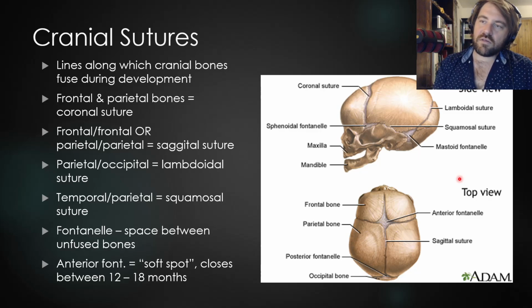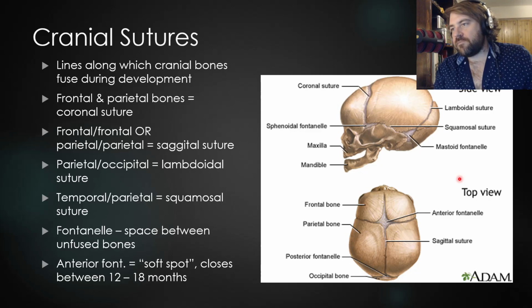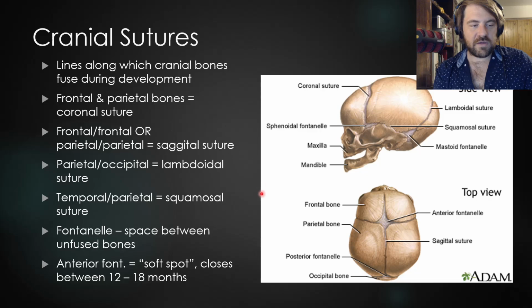As the skull closes up, you can't see it. You can't just find a bald guy and say, I can see your heartbeat. It only works in babies because of the fontanelle. Okay, so let's talk about these sutures. We already talked about the fontanelles. Down here, it closes between 12 and 18 months.